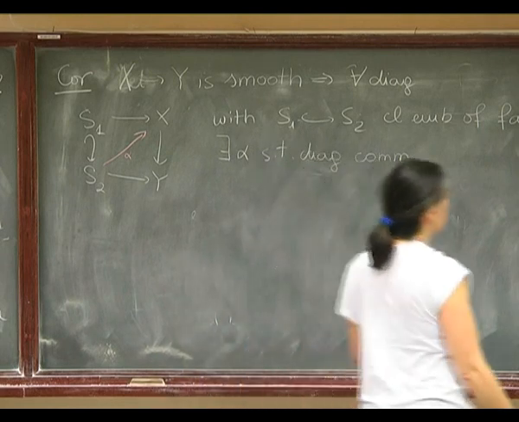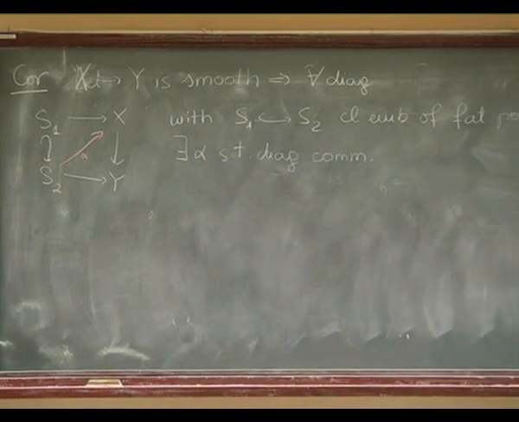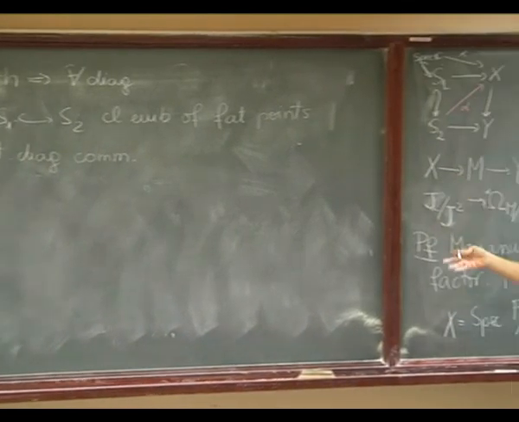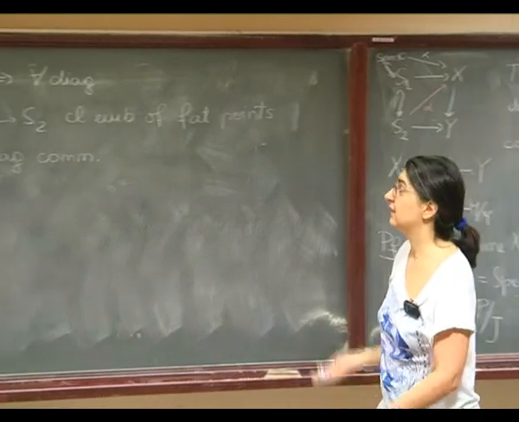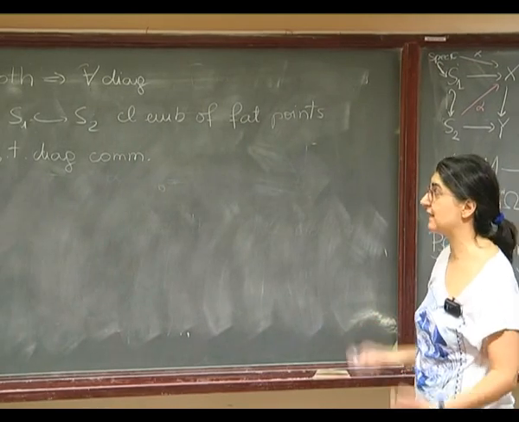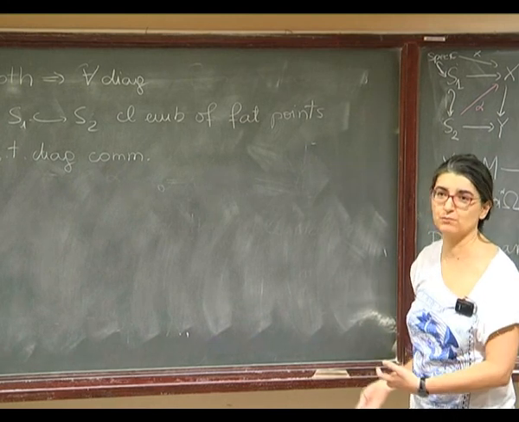Because, of course, if it's smooth, I can take as factorization just x equal to m, then this is 0, and then there is no co-kernel. And in fact, this is what is called saying that smoothness implies formal smoothness.